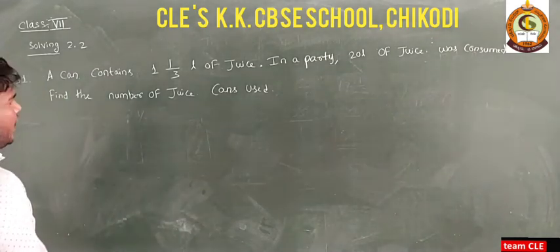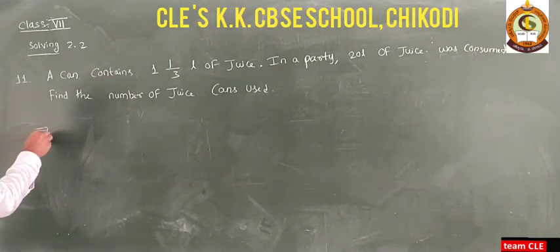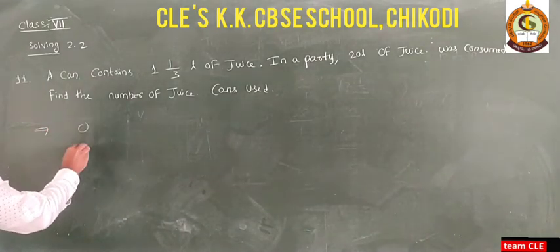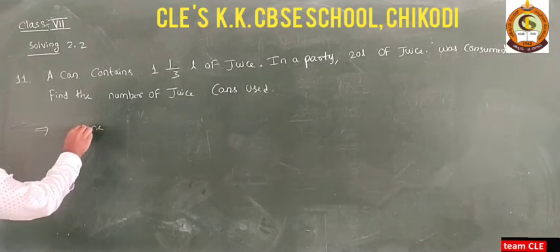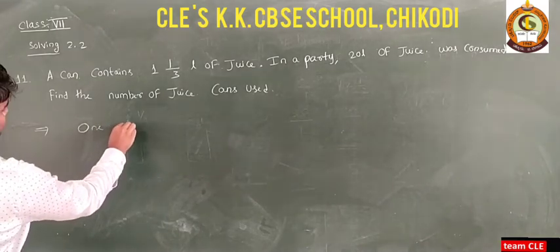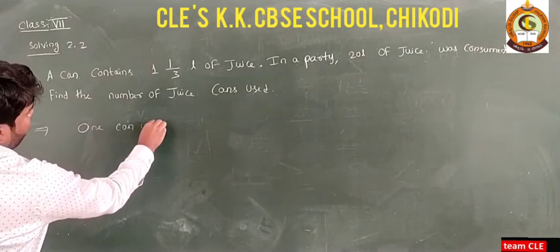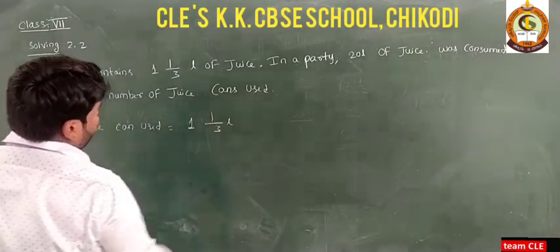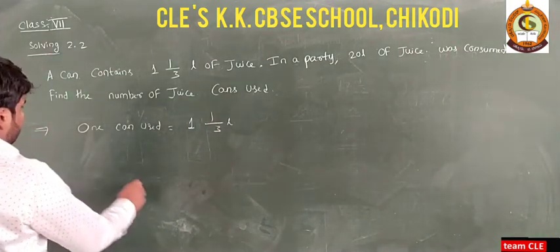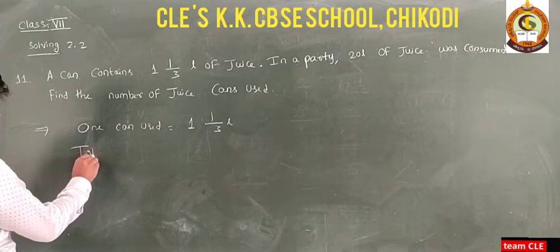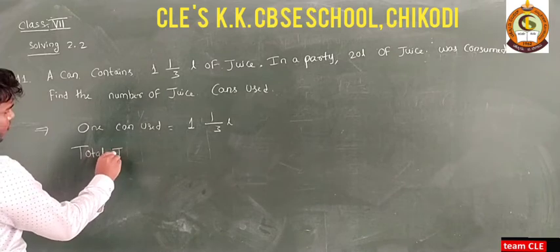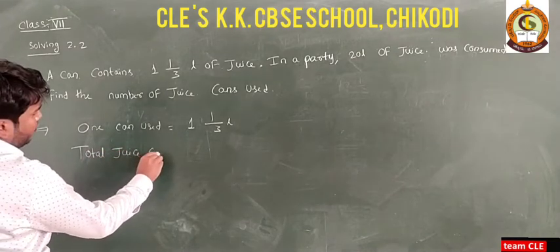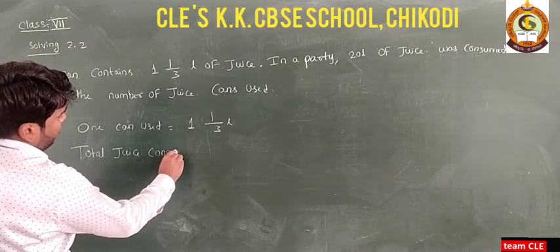So one can used, one can use is equal to 1 integer 1 by 3 liter. The next given thing is total juice consumed.